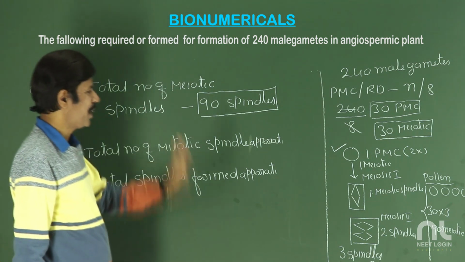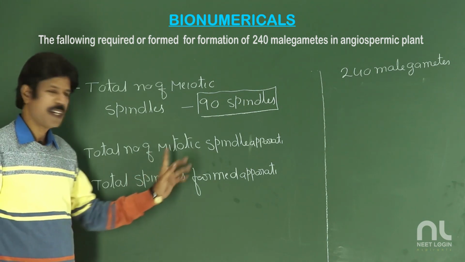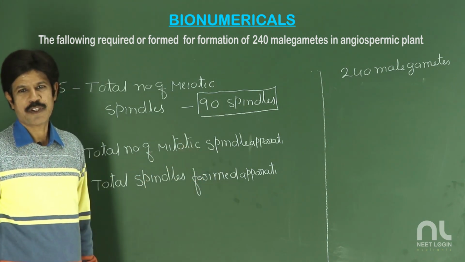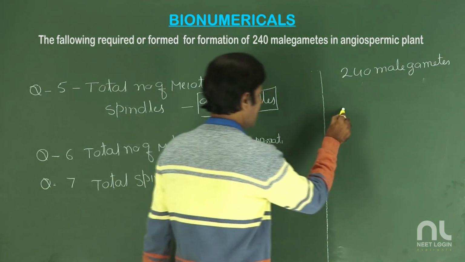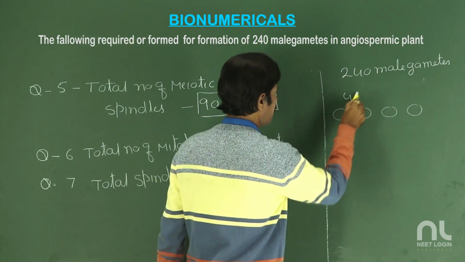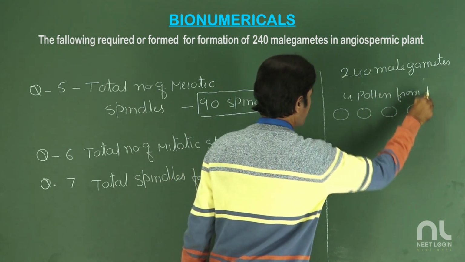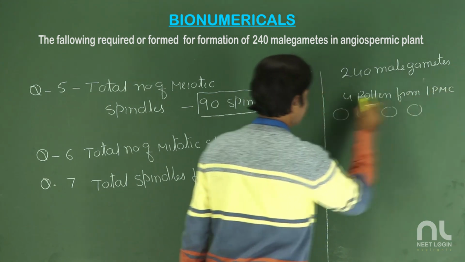And the sixth question is the total number of mitotic spindles formed. How many pollen grains? 4 pollen from 1 pollen mother cell.